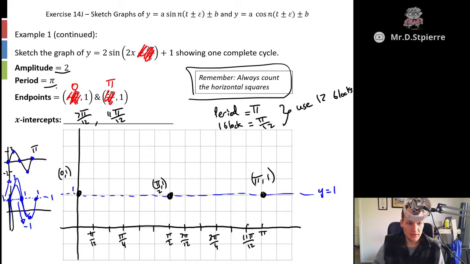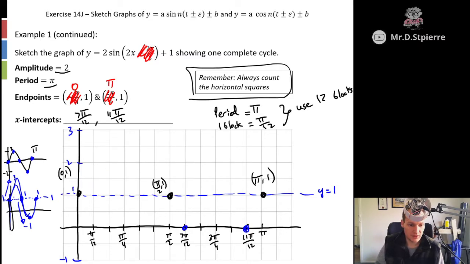We then have our endpoints. We've put in our endpoints. We have our x-intercepts, so let's mark those in. We've got 7 pi on 12 and 11 pi on 12. Let's call it 3. This will be -1. Okay.